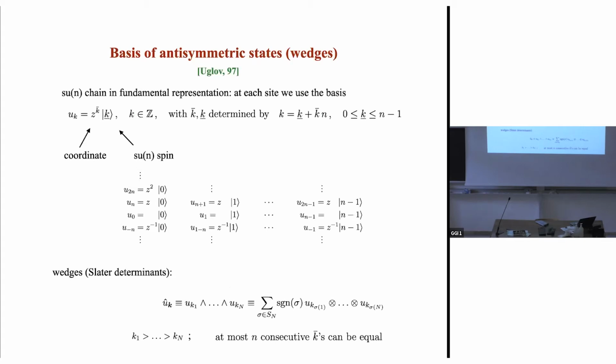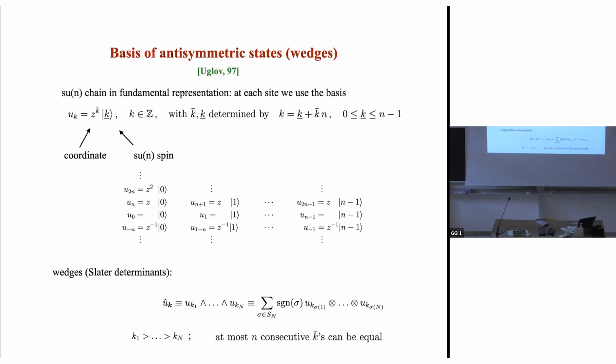So now I would like to come to the technical point, to show how to obtain the wave functions from this freezing procedure. In order to do this, it's useful to employ an antisymmetric basis of functions of coordinates and spins.